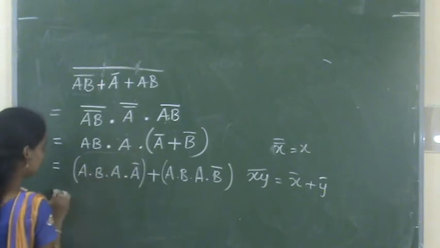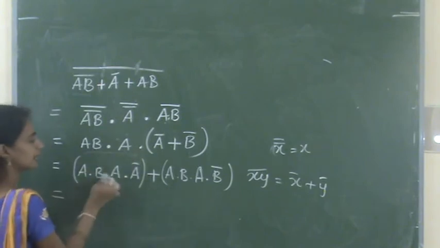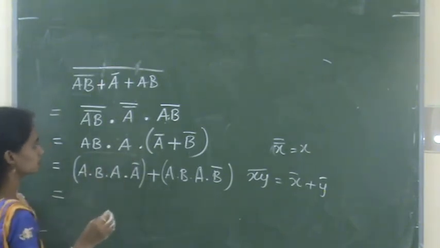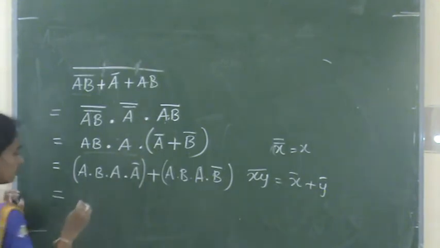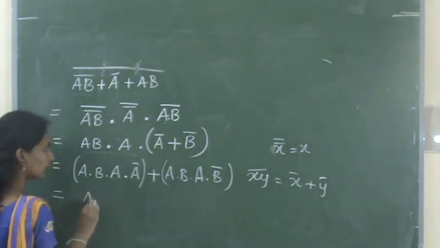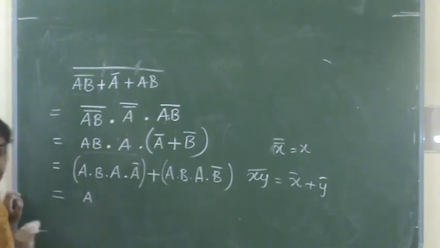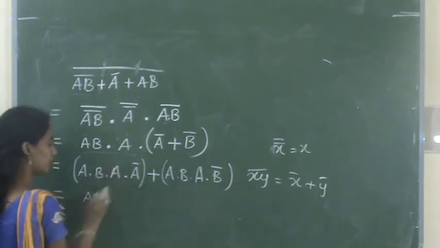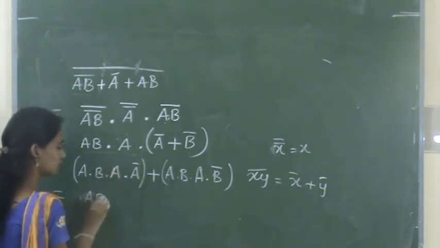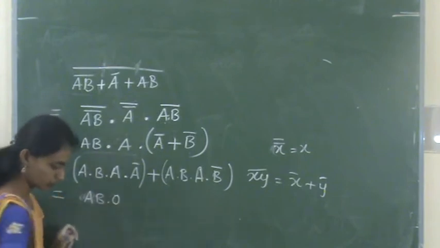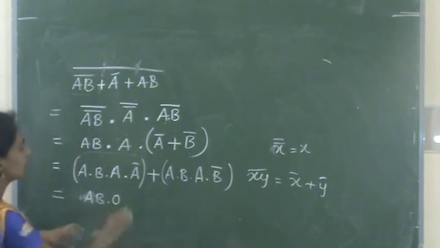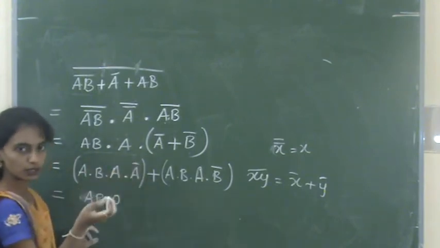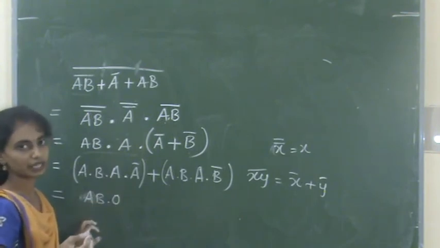Next, we know that a into a, what is a into a? We get a only, right? And a into a bar is 0, since x into x bar is equal to 0 according to the complementary law.